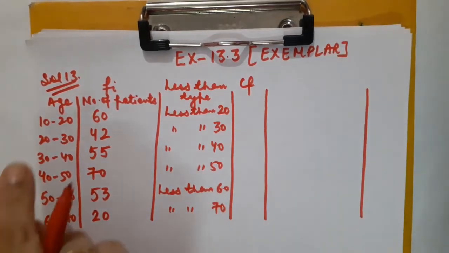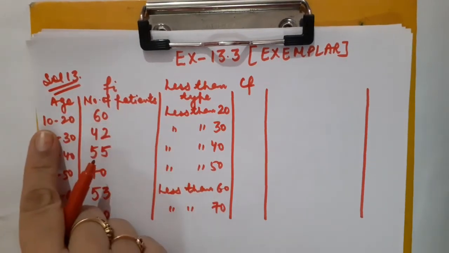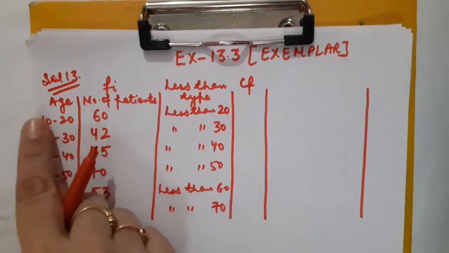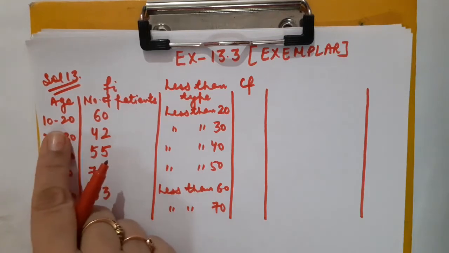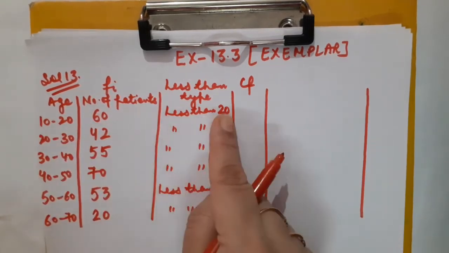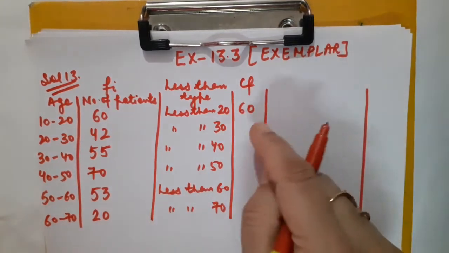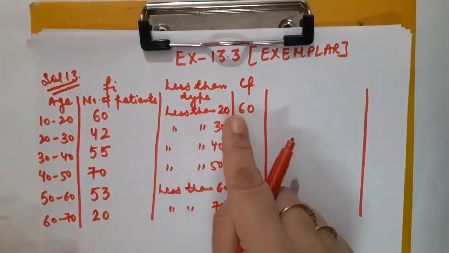So children, now you observe. The number of patients is 60 whose ages are from 10 to 20. In this class interval we are not going to include the upper limit, so can I call it below 20 or less than 20? Of course. So there are a total of 60 patients whose medical treatment is going on and whose ages are less than 20.